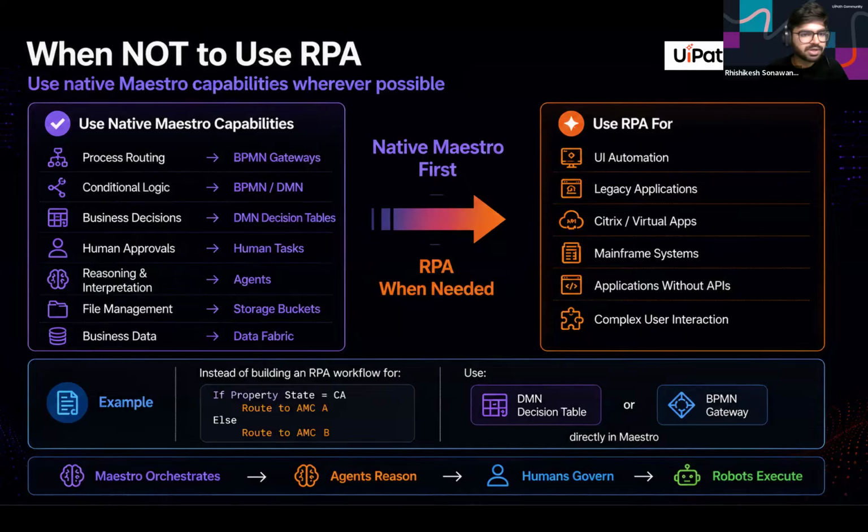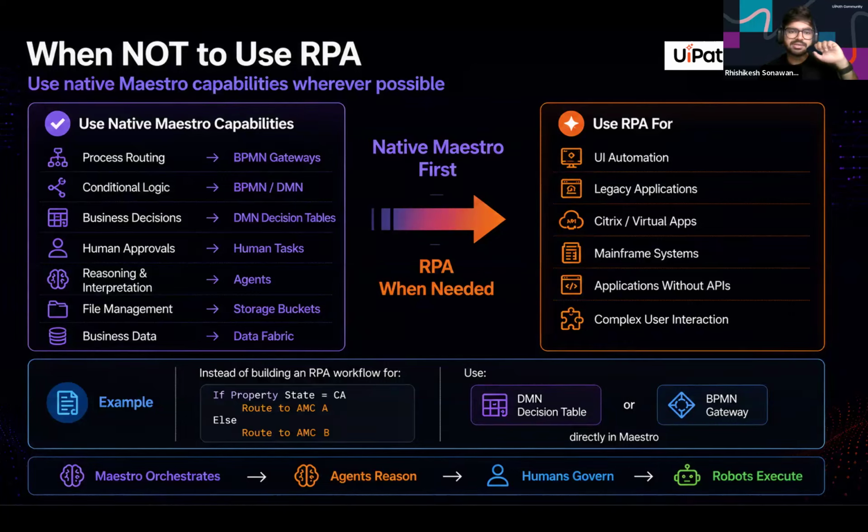Similarly, for file management, we can go ahead with storage buckets instead of creating a workflow that reads some Excel, gets data, and then works on it. We can always go ahead with data stored in our storage bucket, or even use Data Fabric, right? These capabilities are already built into the Maestro platform, and we don't really need to use RPA everywhere.